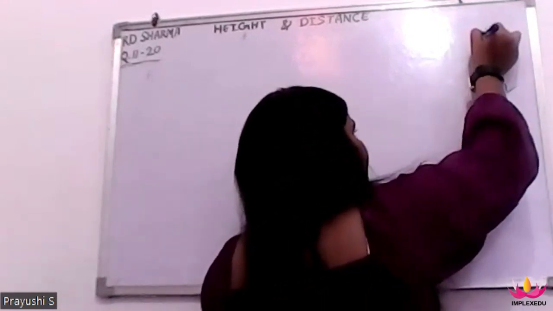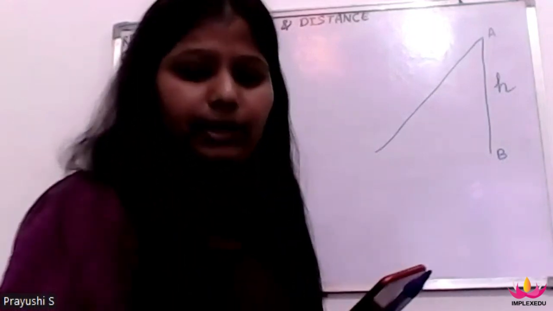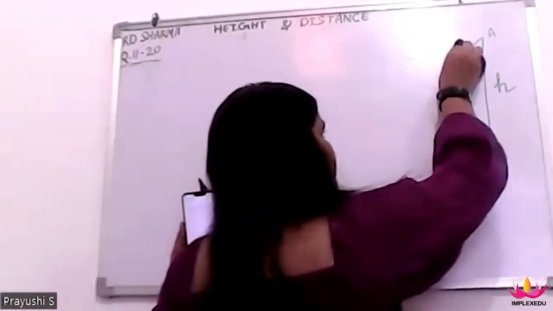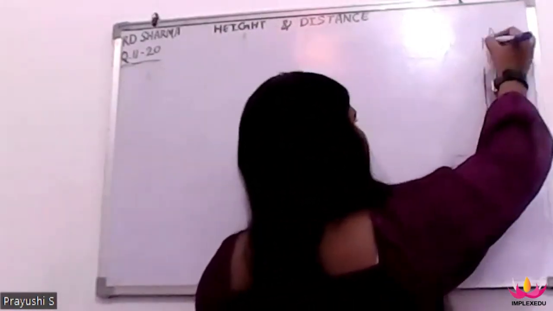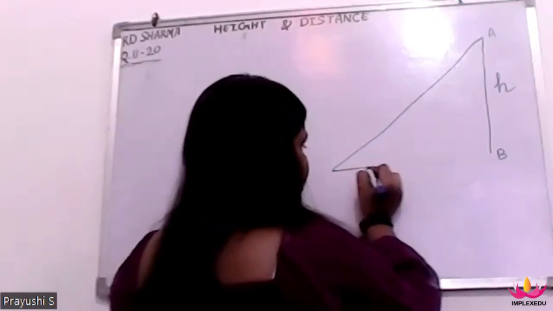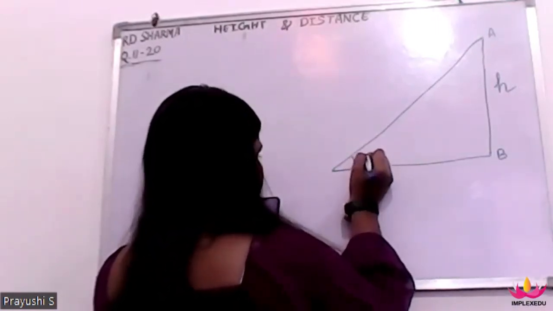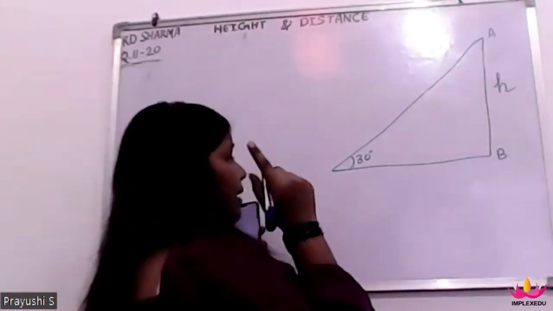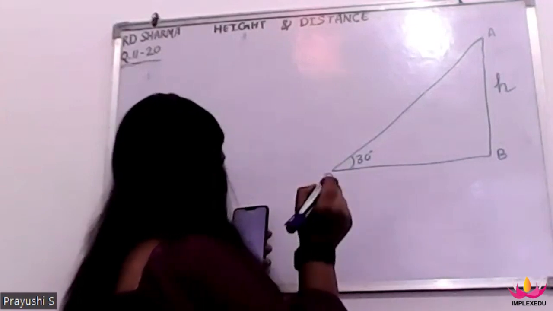Okay. Now the angle of elevation from a point is 30 degree. This is 30 degree. Okay. And I'm assuming that this point is D. Okay.